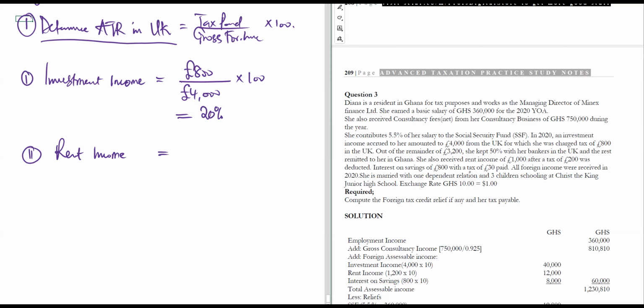Check well. Net, because they said she received 1,000 after the tax had already been deducted. So the gross income should have been 1,200, and a tax of 200 had been deducted. So in that case, what becomes the average tax rate for the rent income?